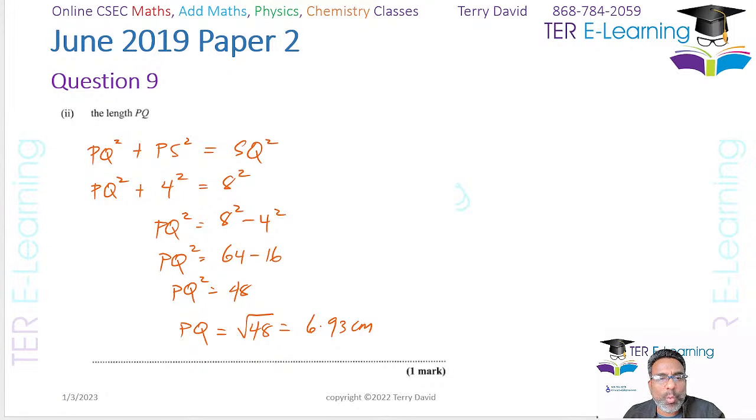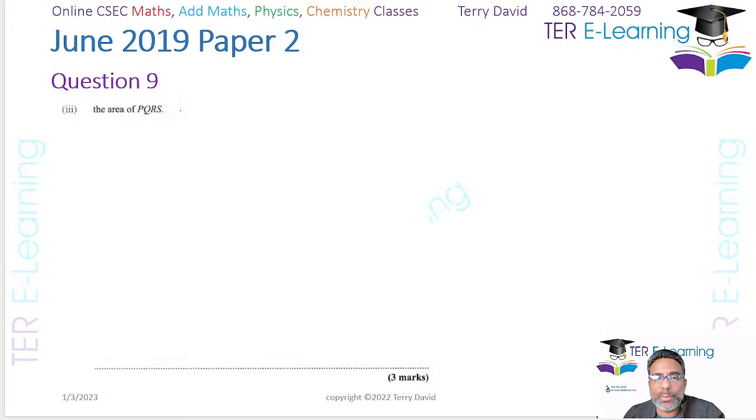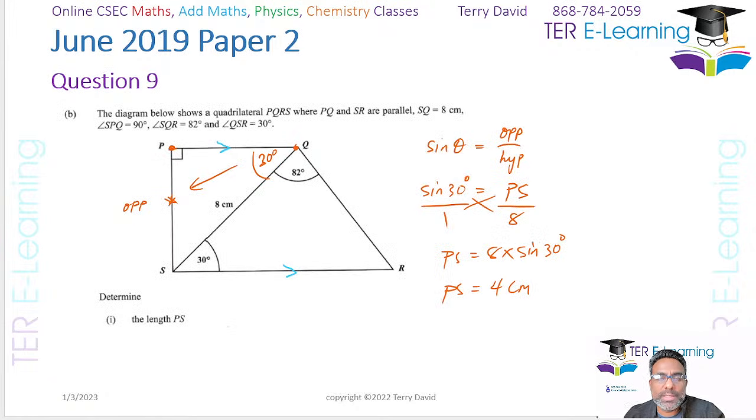And we only have one more part to the question now. They want me to work out the area of PQRS. So it's a trapezium, and we need to work out the area of this trapezium. There's a formula for the area of a trapezium. It is given by a half the sum of the parallel sides multiplied by the distance between these two sides.